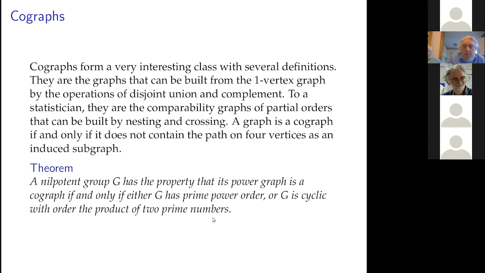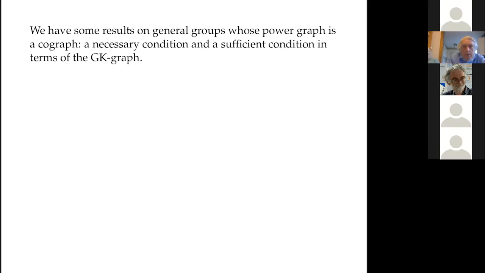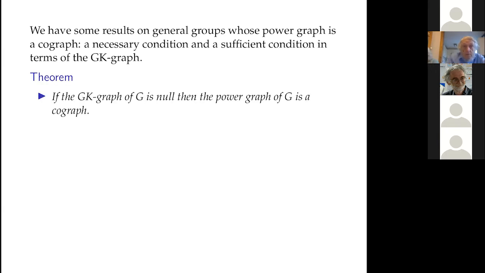So we seem to be getting back to the Gruenberg-Kegel graph here, and indeed we are, and that will come into any final classification of these groups, though we don't have that yet, because this tells you about the nilpotent subgroups. So we have a necessary condition and a sufficient condition in terms of the Gruenberg-Kegel graph. If the Gruenberg-Kegel graph is null, so if there are no edges, then the power graph is a cograph.